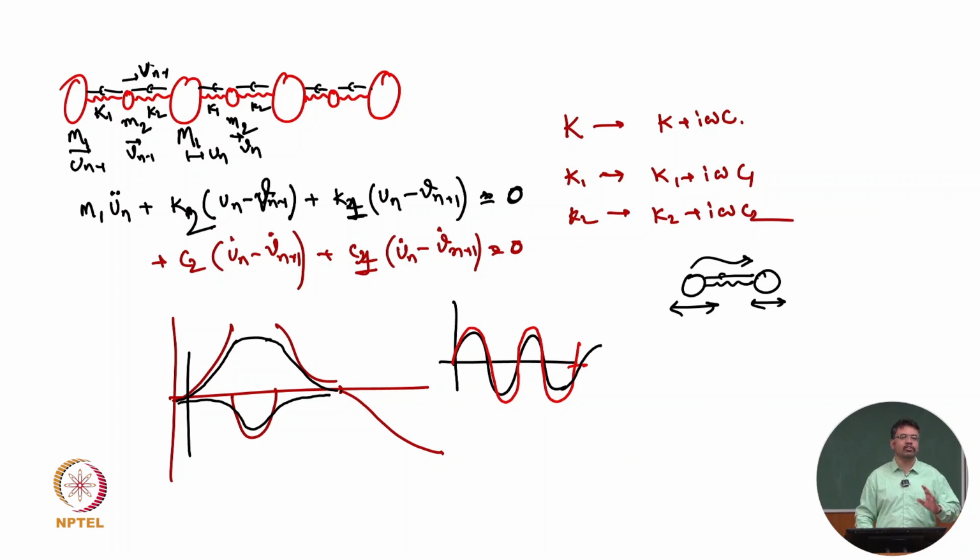Some amount of dissipation automatically happens. In the metamaterial, due to the periodic arrangement, we were getting a band gap. That is the property of the metamaterial. But this dissipation happens due to the presence of damping.